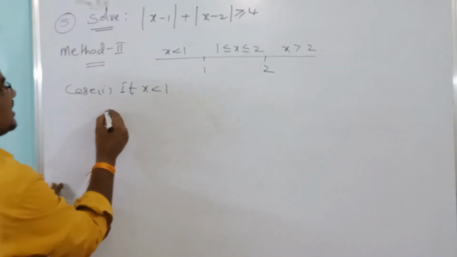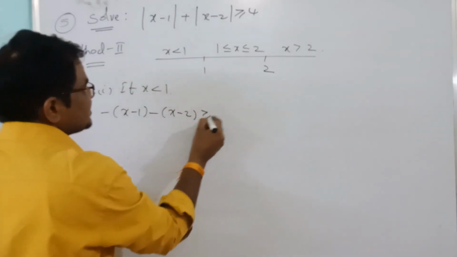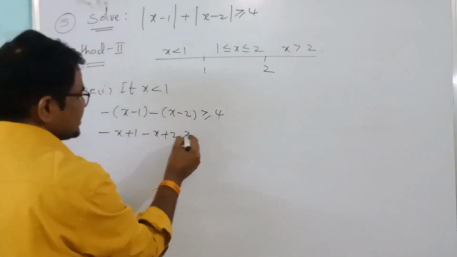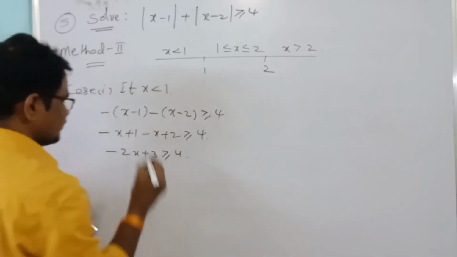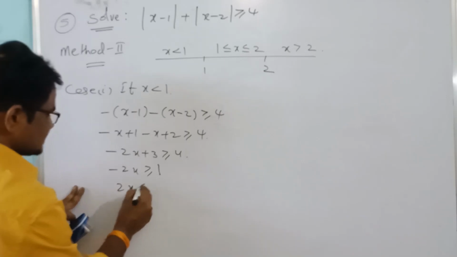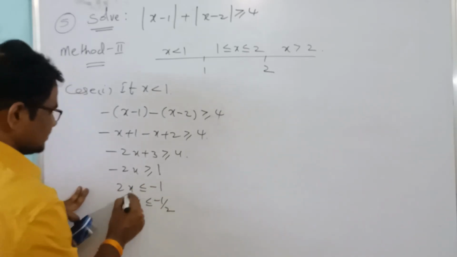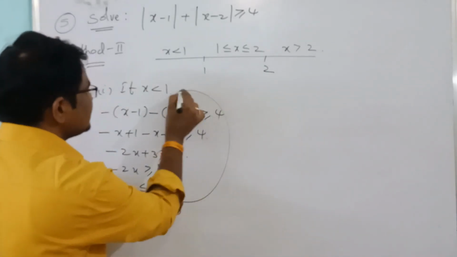Means the given inequality becomes −(x − 1) − (x − 2) ≥ 4. Simplify: −x + 1 − x + 2 ≥ 4, so −2x + 3 ≥ 4, so −2x ≥ 1, so 2x ≤ −1, so x ≤ −1/2. Next, is it satisfying the condition? x ≤ −1/2 satisfies the condition x < 1.